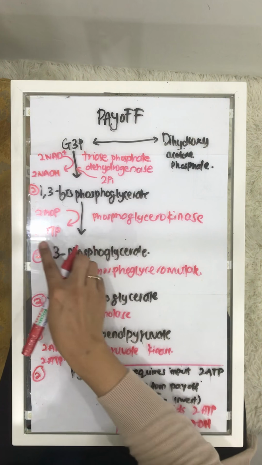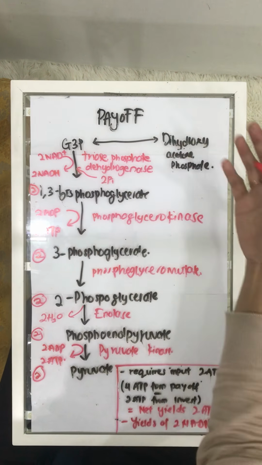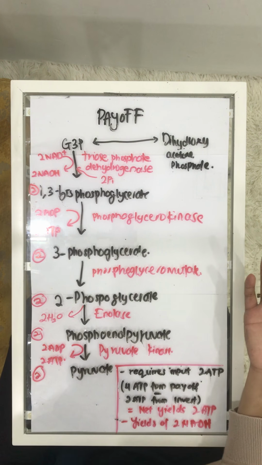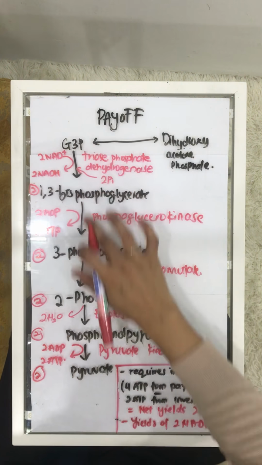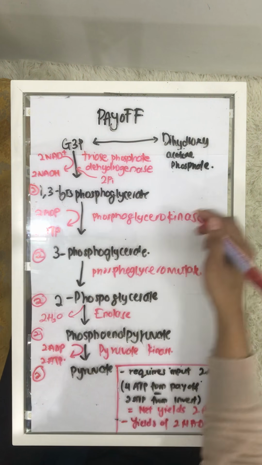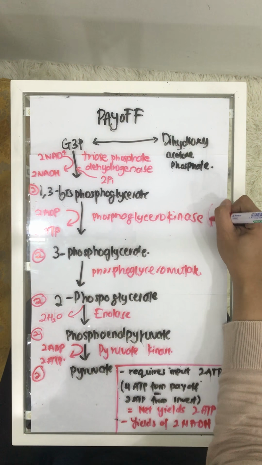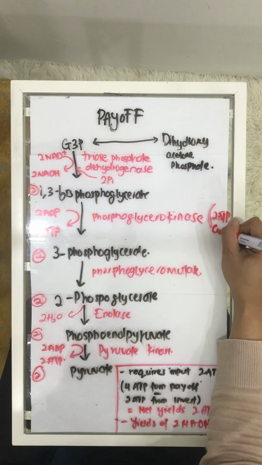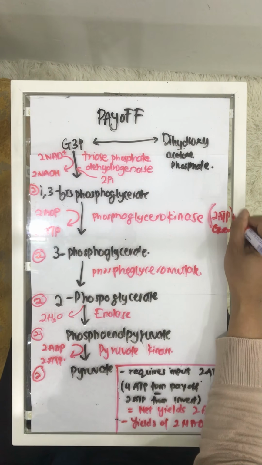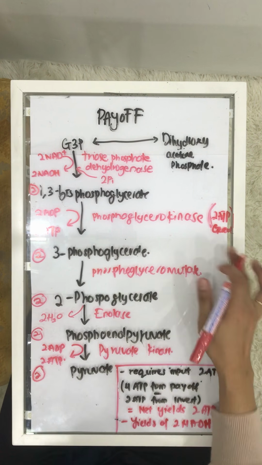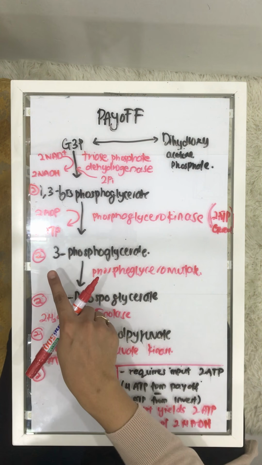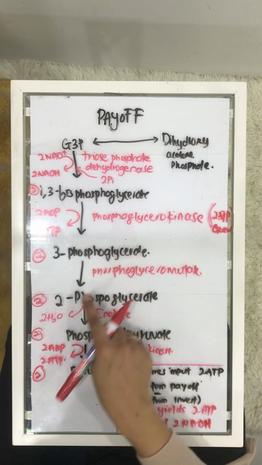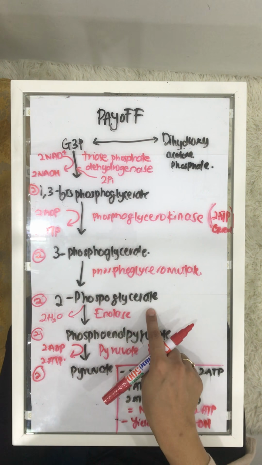So what happened here, we can see that 2 ATP are being generated, because this process happened twice. And 3-phosphoglycerate is then converted into 2-phosphoglycerate.